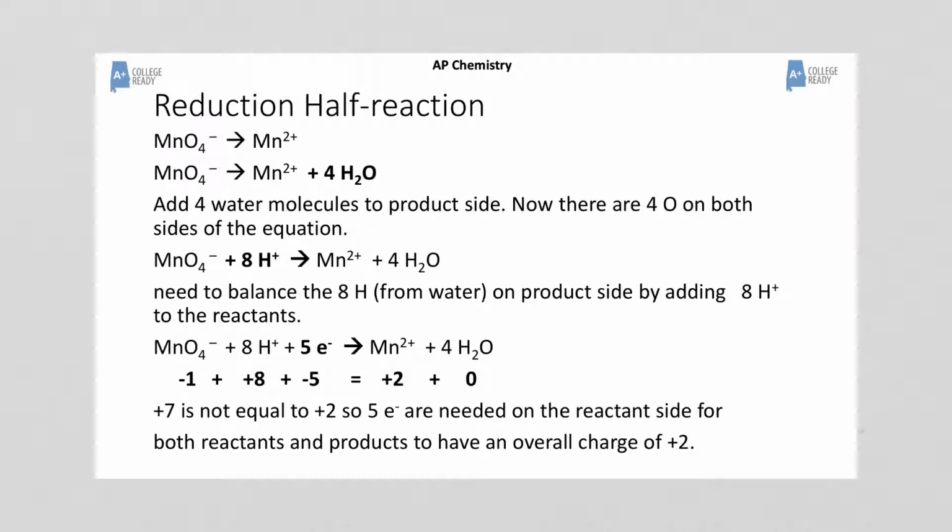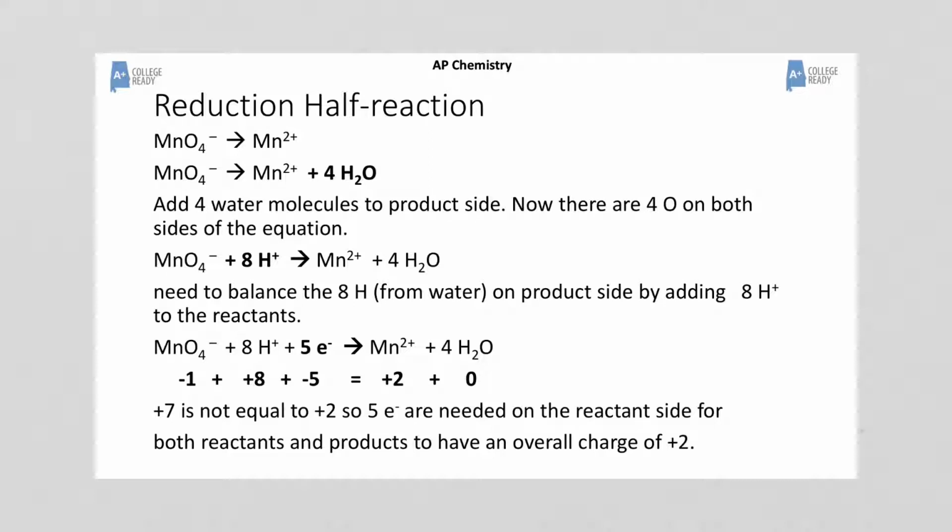And with the permanganate ion example, this required a little bit more work. And so the manganeses are actually balanced. We needed to balance the oxygens by adding the 4 water molecules, which gave us 8 hydrogens on the product side. So we needed to add 8 H plus ions to the reactant side.